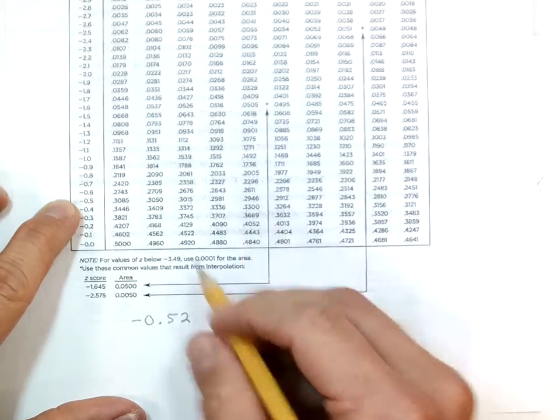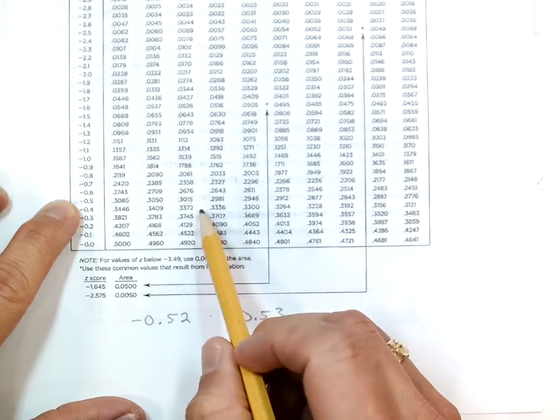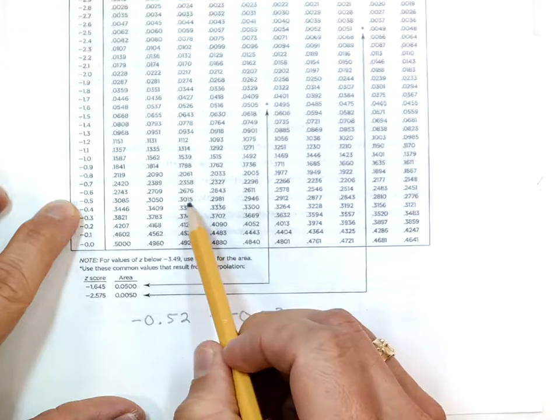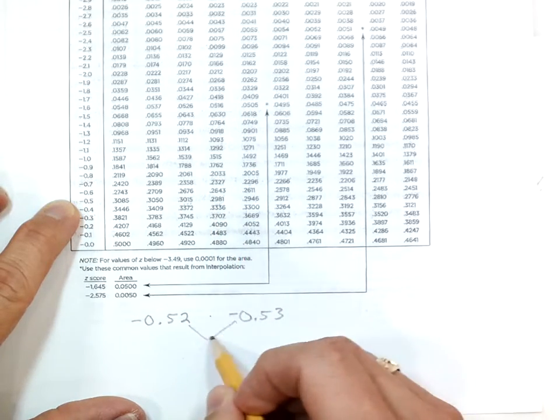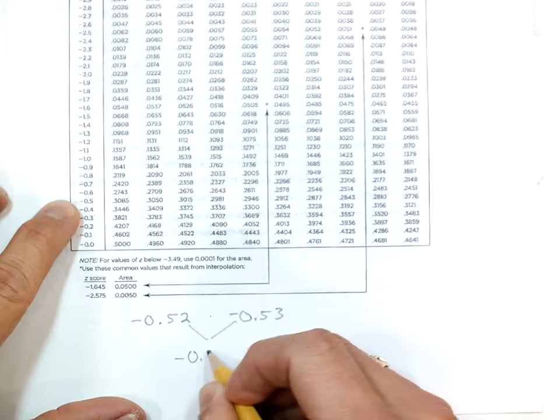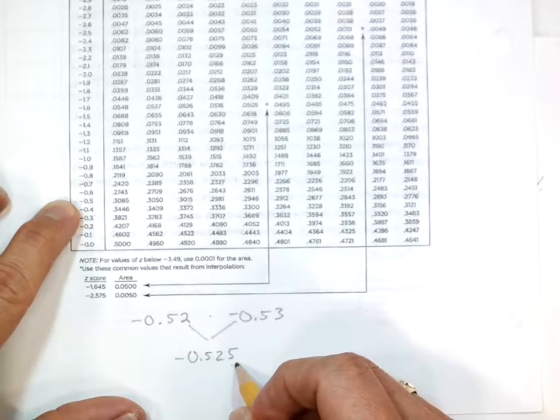And then the other z-score that goes with this one is negative 0.53. Like I said before, neither of these is exactly 30, so we'll take the one right in the middle. So we'll average these two and we'll get negative 0.525.